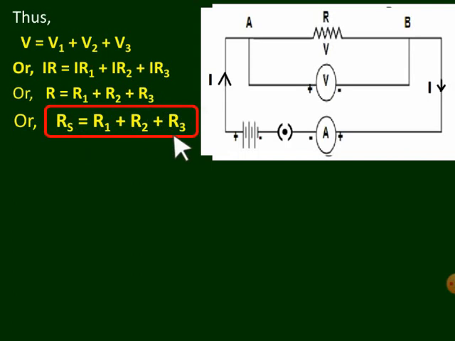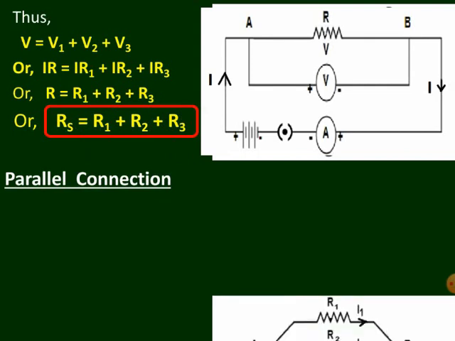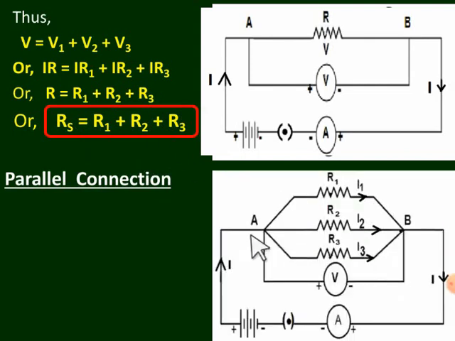Got it? Now let's see the parallel connection. Okay, in the case of parallel connection, what happened? Resistors having two terminals will be connected with one terminal of each connected to one point, and the remaining terminals connected at another point. Got it?